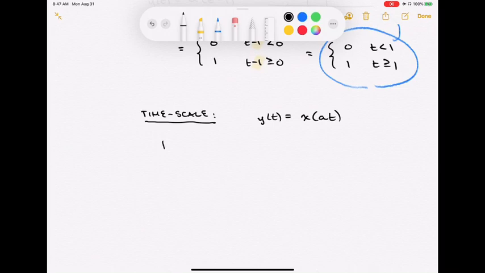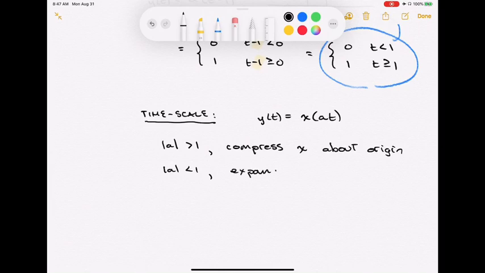Now the book will say something like this. If the magnitude of a is greater than 1, then we compress x about the origin, right? And if the magnitude of a is less than 1, then we expand x about the origin, something along those lines.